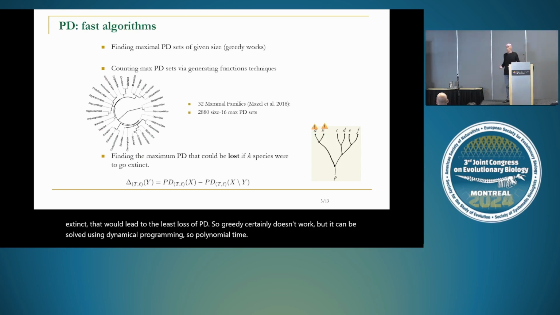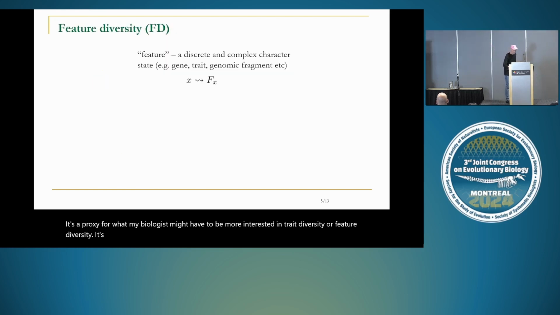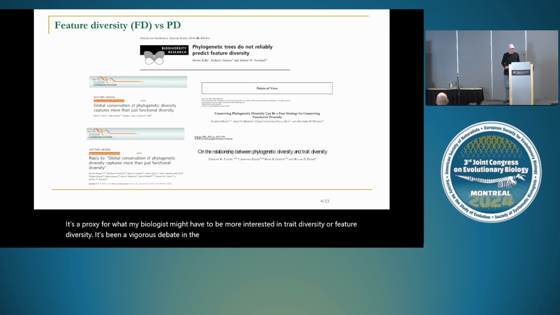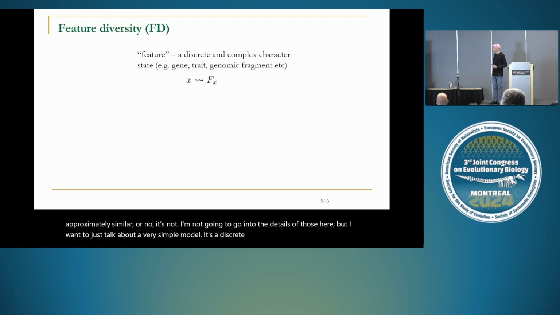Now there's been a lot of interest in how well PD acts as a proxy for what biologists might perhaps be more interested in, trait diversity or feature diversity. There's been a vigorous debate in the literature, with a number of papers saying yes, it's approximately similar, or no, it's not. I'm not going to go into the details of those here, but I want to talk about a very simple model. It's a discrete model of feature evolution.